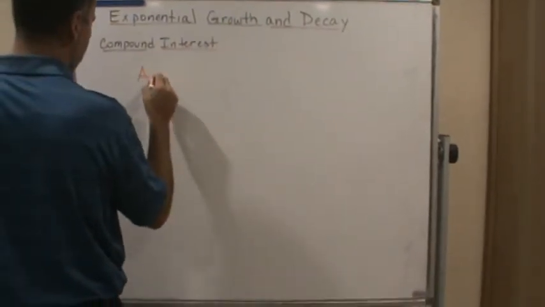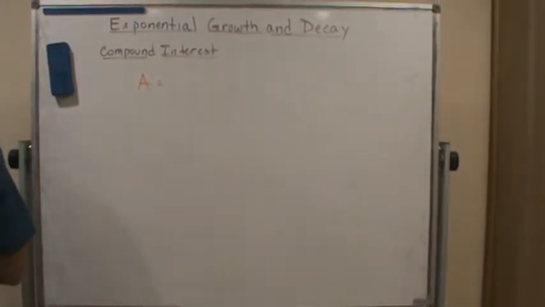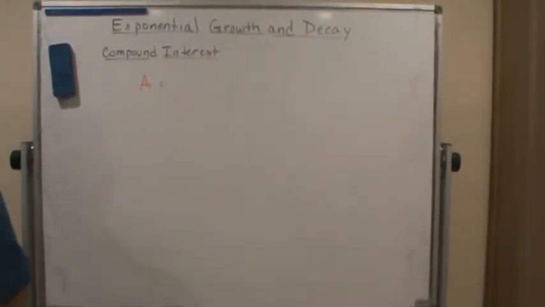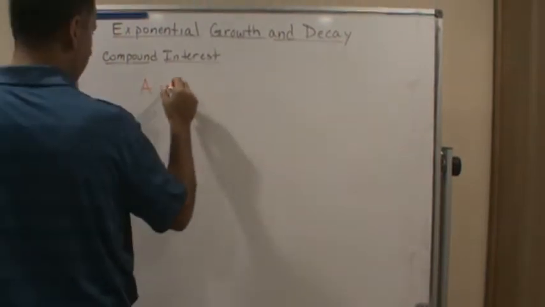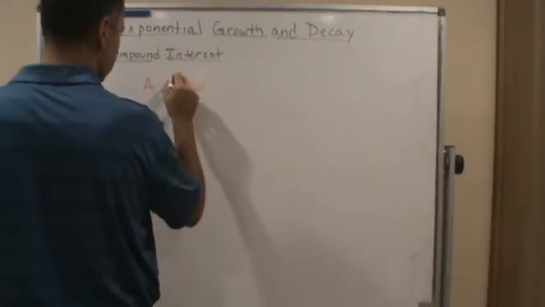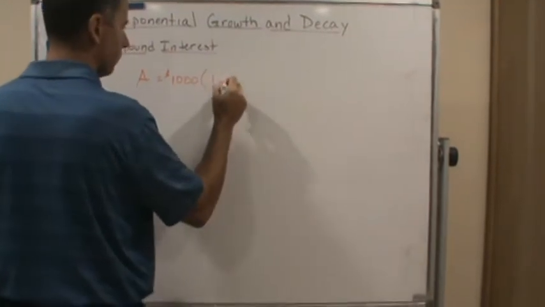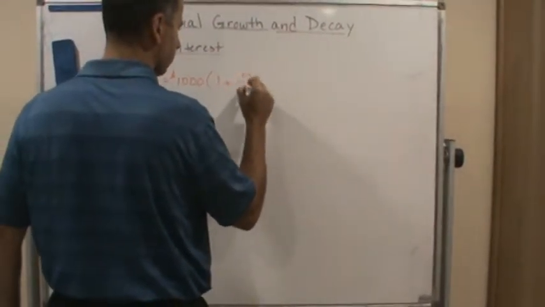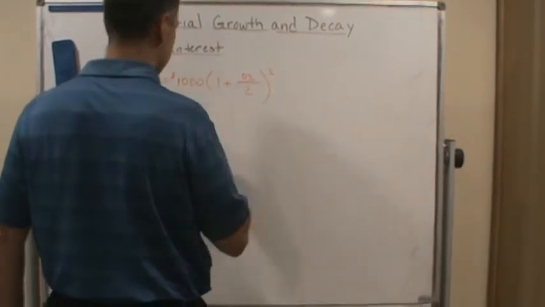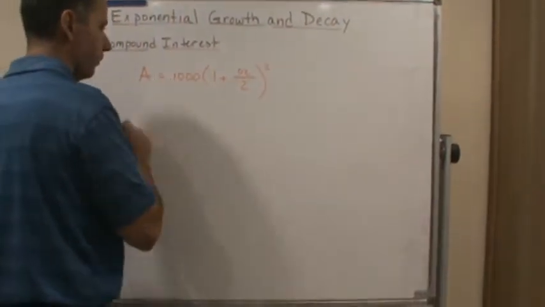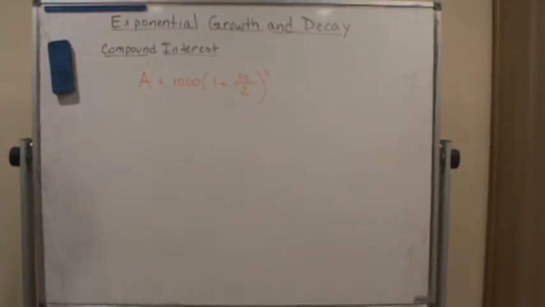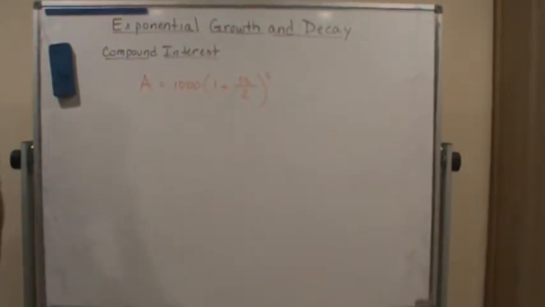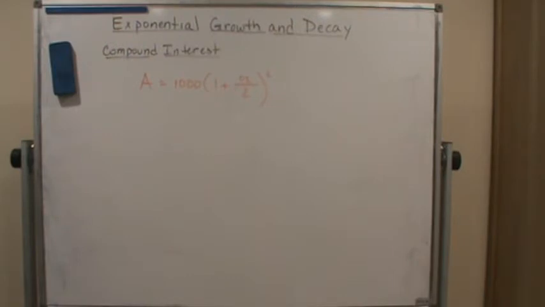So your total amount earned would be this. And this is what you would accumulate after 1 year.